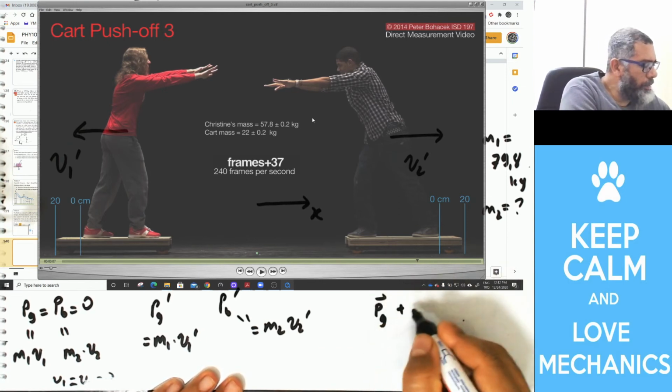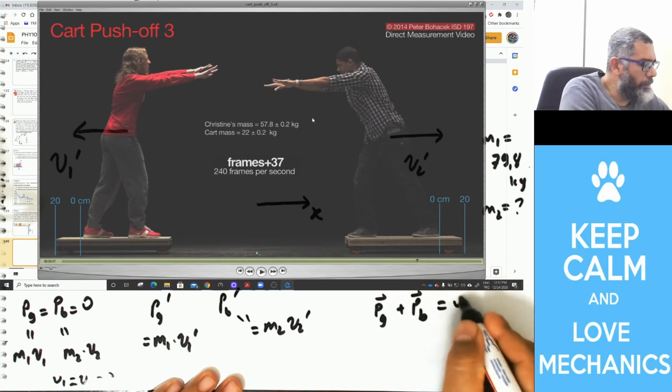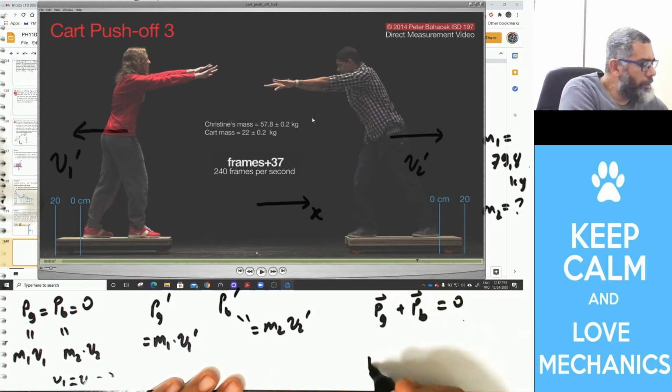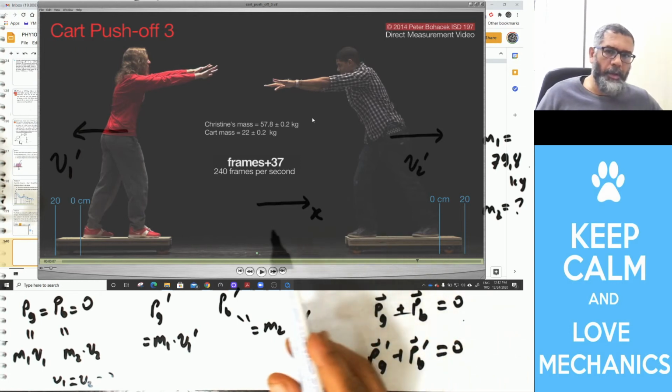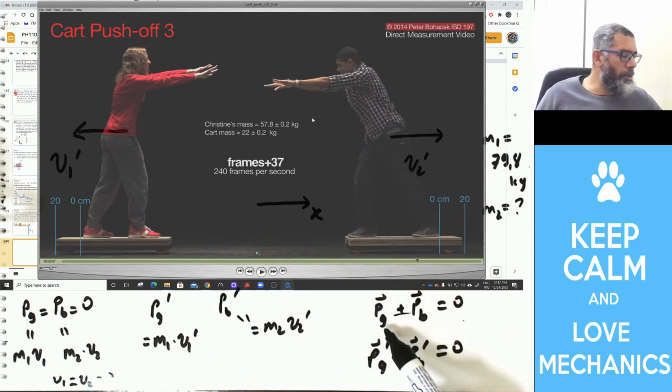Then pg prime plus pb prime must be zero, because the system's momentum, which is the sum of the momentum of individual parts, is the total momentum of your system.